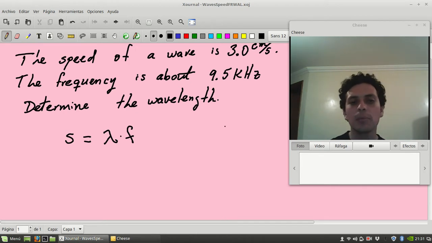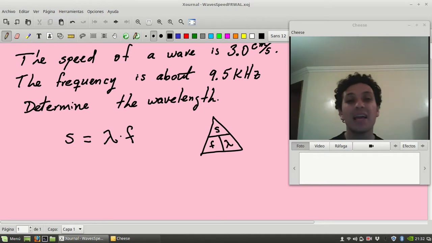Some people use a triangle with S, F, and lambda, and this is the way to determine the solution for any of these. If you have frequency and speed, you can find the wavelength. If you have frequency and wavelength, you can find the speed. If you have wavelength and speed, you can find the frequency. Okay, so it's so simple.